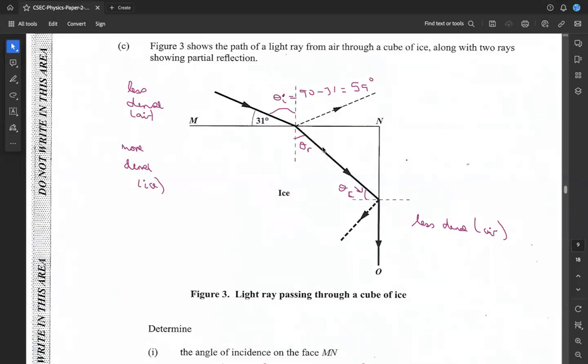So effectively, this ray that was previously our refracted ray is now becoming our incident ray. It's going to be incident on this face as it tries to exit, right? And you see we have a normal at that point as well. What you see here is that the refracted ray in this case ends up just grazing along this face NO. It just grazes along the surface.